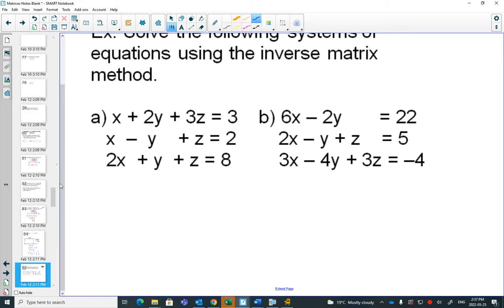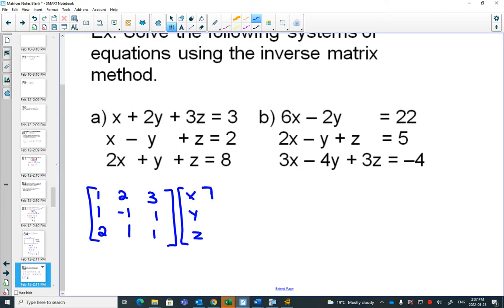So using the inverse matrix in this situation, we would have first our coefficients matrix. So I would have 1, 2, 3, 1, negative 1, 1, 2, 1, 1. Our variables matrix and our answer matrix.